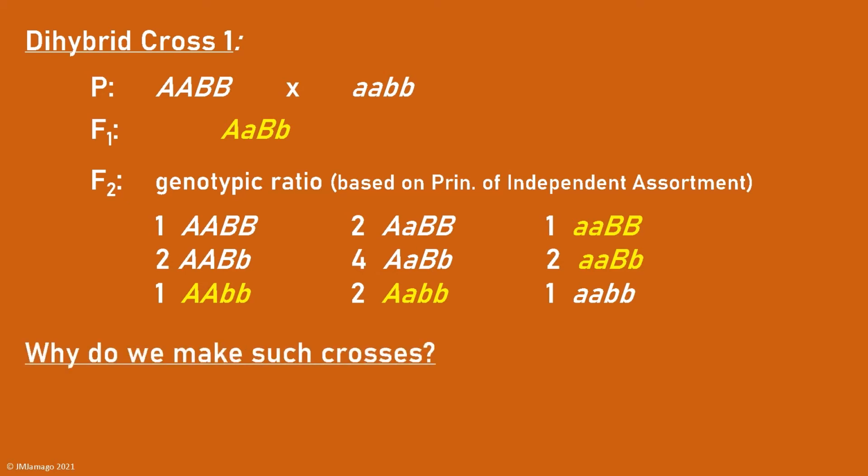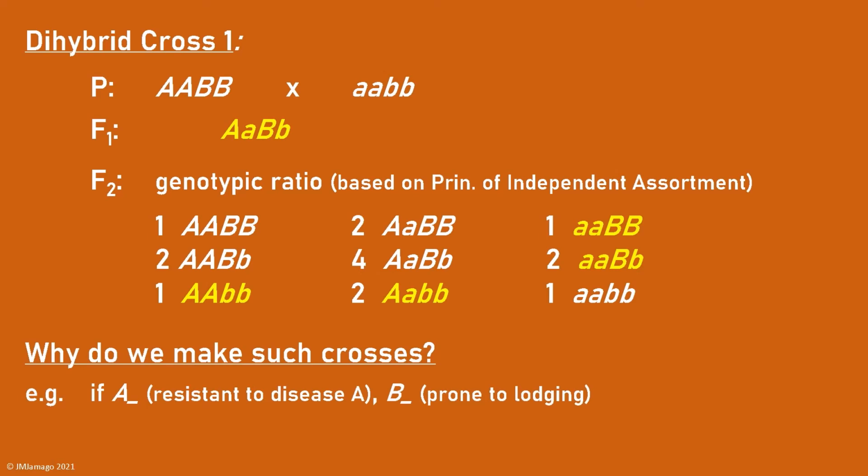Now, for example, if a plant that has a dominant A gene is resistant to disease A, but having the dominant B makes it also prone to lodging. So that is a case of having a positive trait and a negative trait together in one plant.